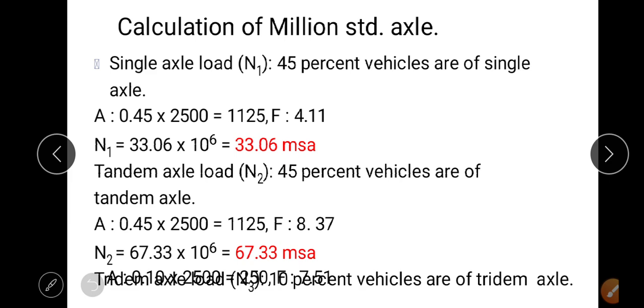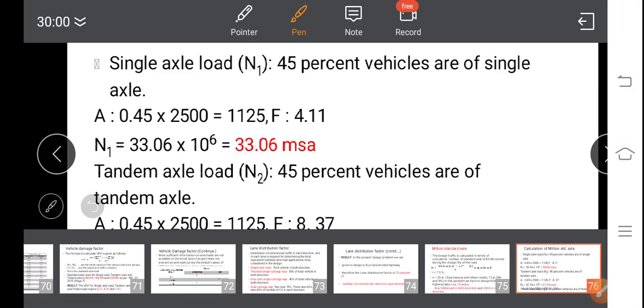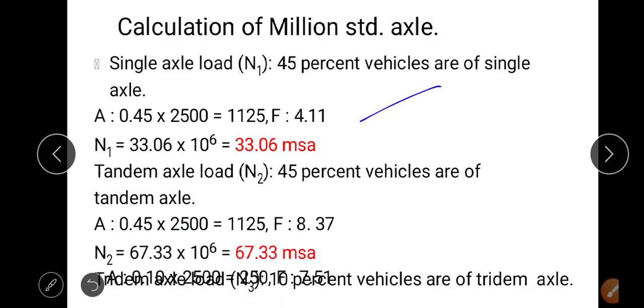Calculation of million standard axle. Single axle load N1, 45% vehicles are of single axle. A is equal to 0.45 into 2500, 1125. F is 4.11. N1 is equal to 33.06 into 10 to the power of 6 standard axles.